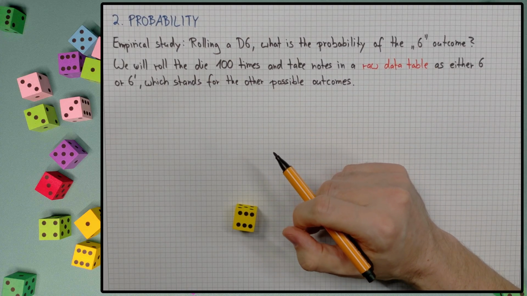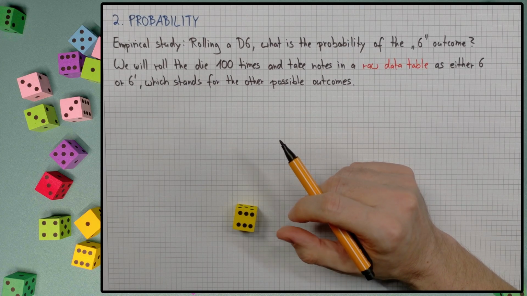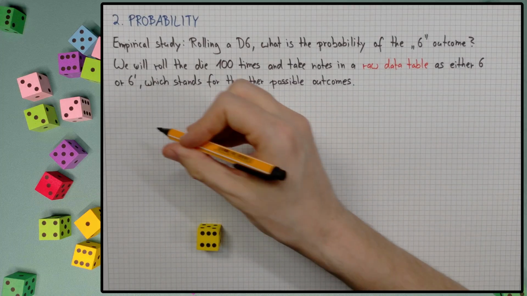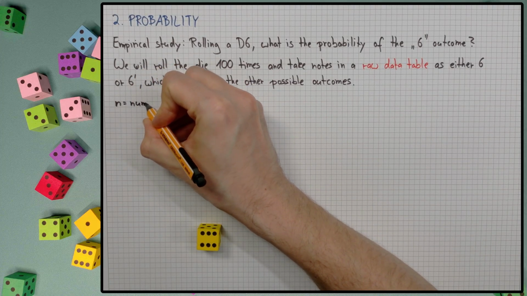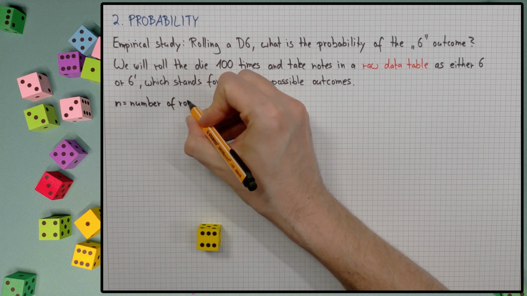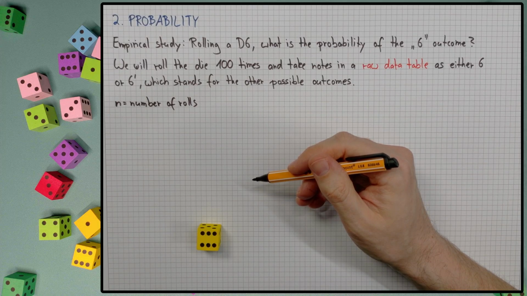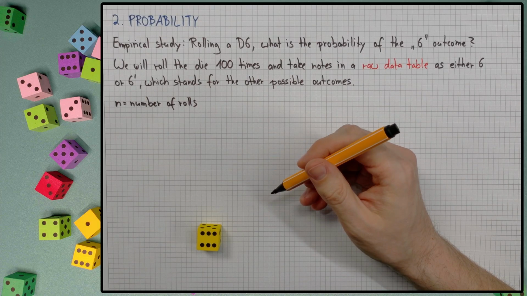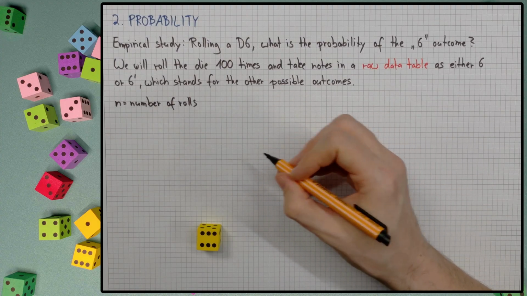We are going to spice up our raw data table with a few more numbers. We are going to note the number of rolls that we have done so far.